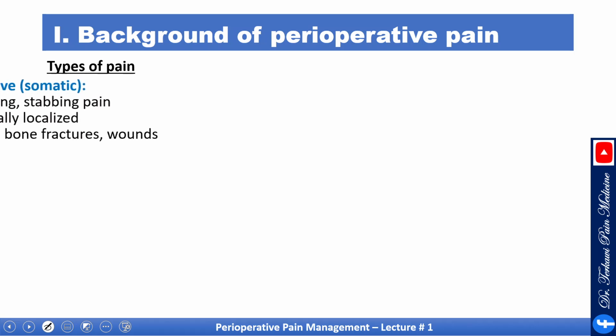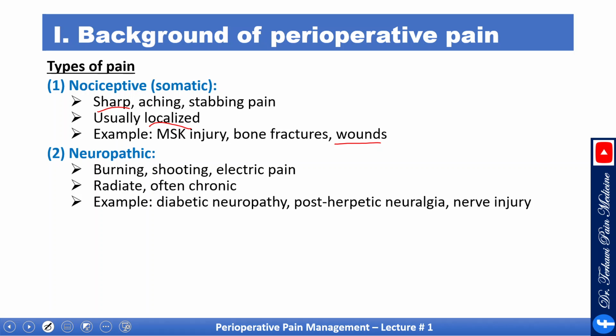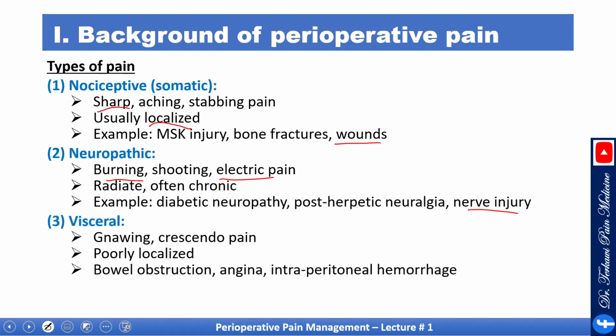What are the types of pain? Nociceptive or somatic. This is usually sharp, stabbing, aching, usually localized. An example here would be wound pain, bone fracture, musculoskeletal. Neuropathic, usually this is burning, shooting, electrical pain, usually it radiates, can be chronic, and usually related to some sort of nerve injury like postherpetic neuralgia or diabetic neuropathy.